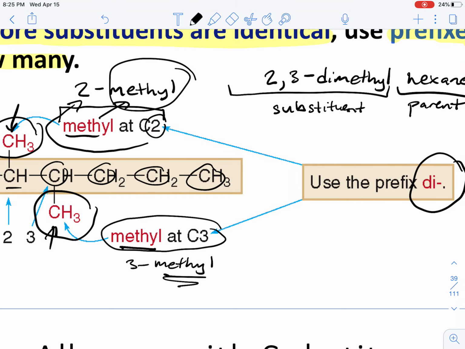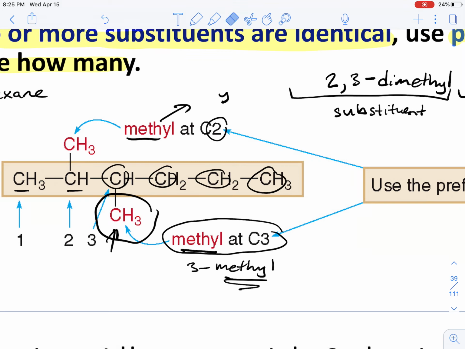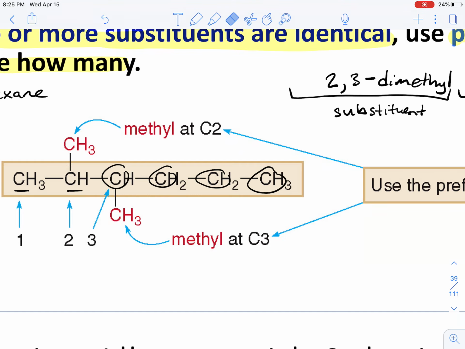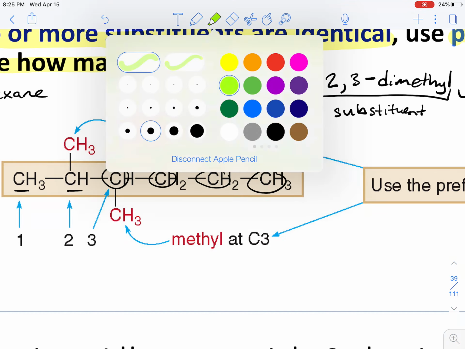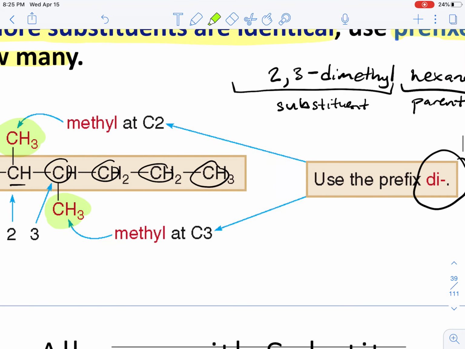And so since there are 2 methyl groups, I'm going to erase some stuff here just so it's clear. Okay. So notice that there's a methyl group and a methyl group. Since there are 2 methyl groups, I am going to say dimethyl. Okay. So that's one item that changed.